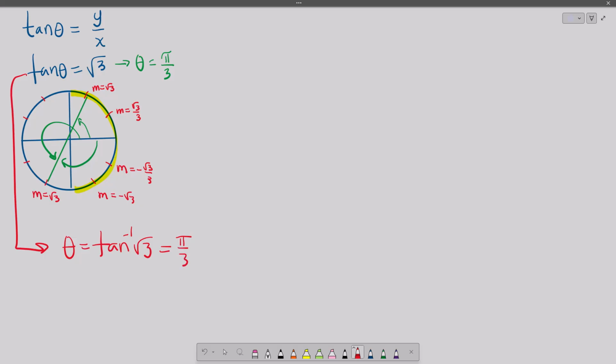The place where it won't be the right answer necessarily is if this was a negative here. If this said inverse tangent of negative root 3, so if we did that, we'd have theta equals inverse tangent of negative root 3. That answer, if we stay on the right, would be negative pi over 3, and that's not the smallest positive angle.